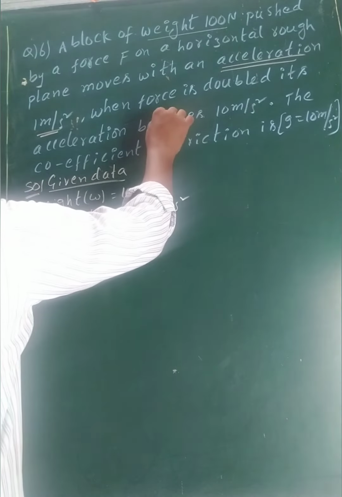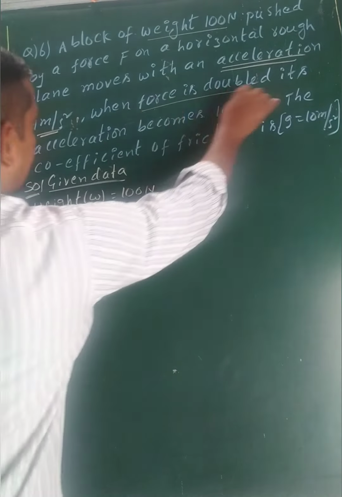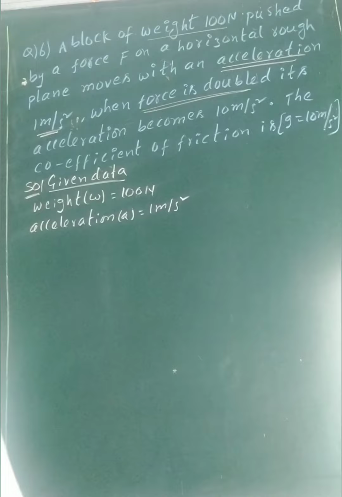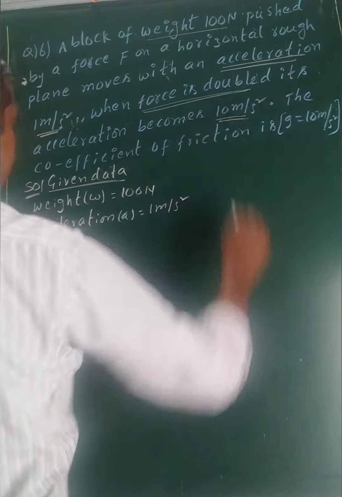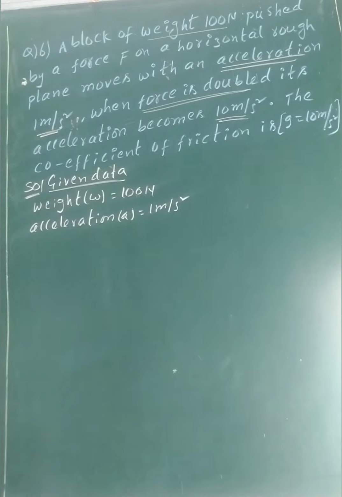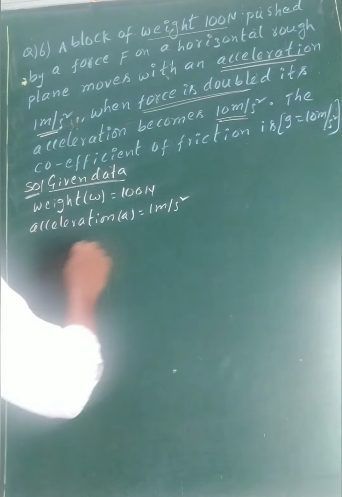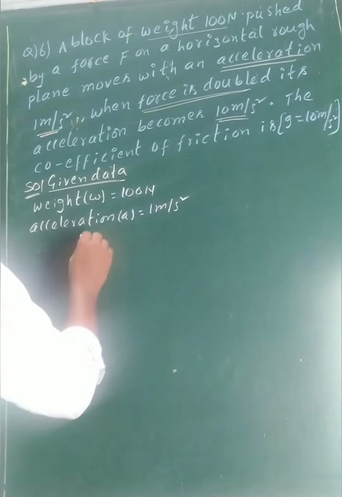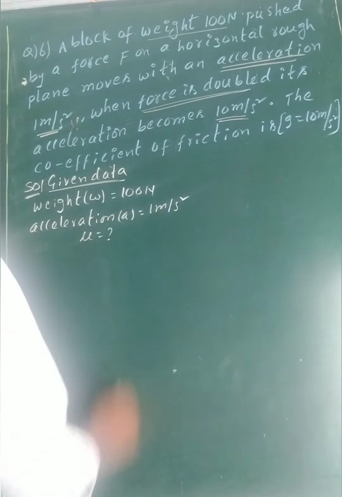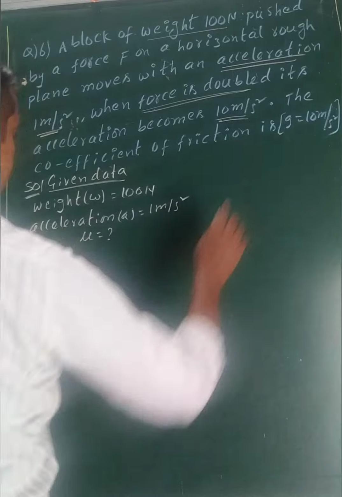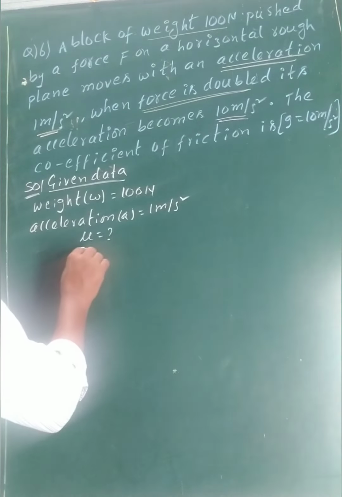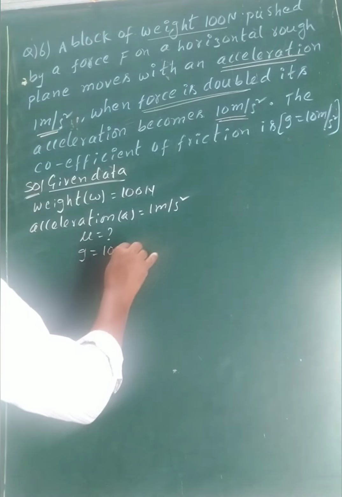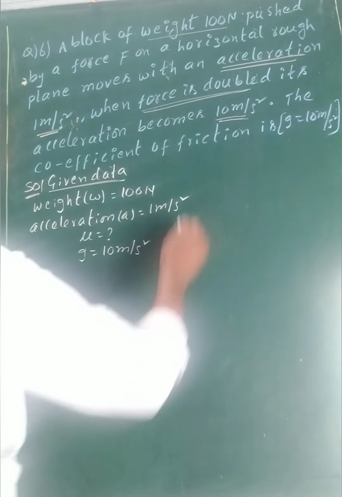Force is initially F, next the force is made double, 2F, then acceleration becomes 10 meter per second square. We have to find the coefficient of friction, that is mu is the question mark, and g is given as 10 meter per second square.